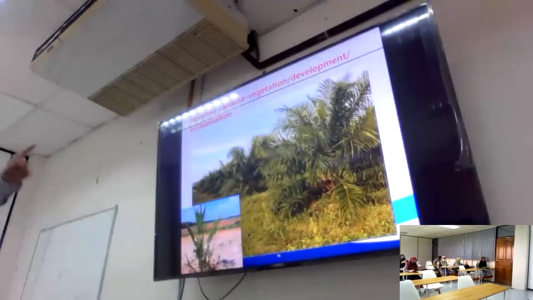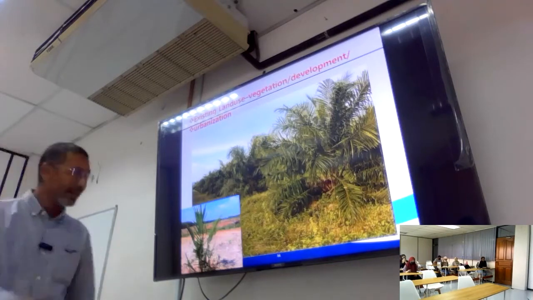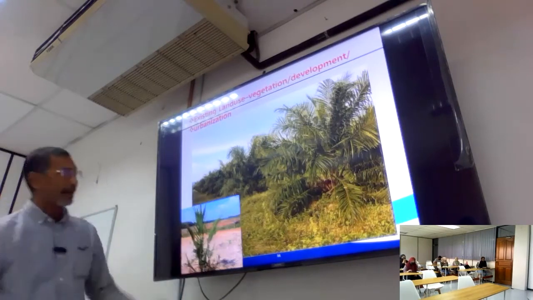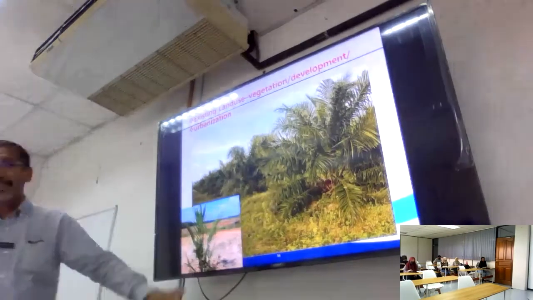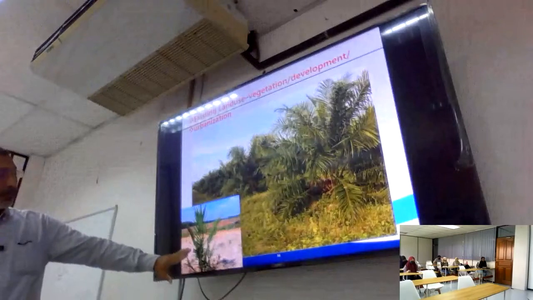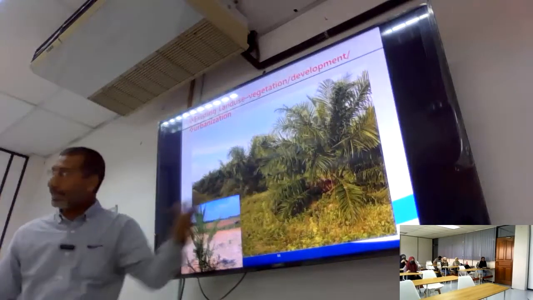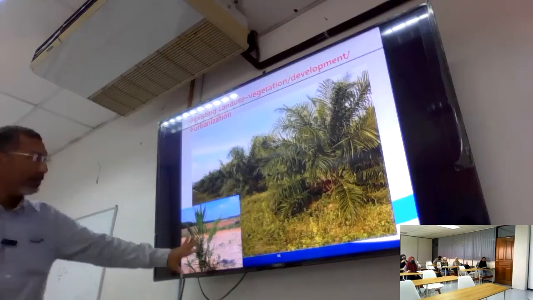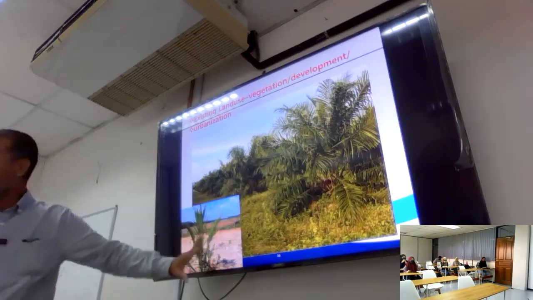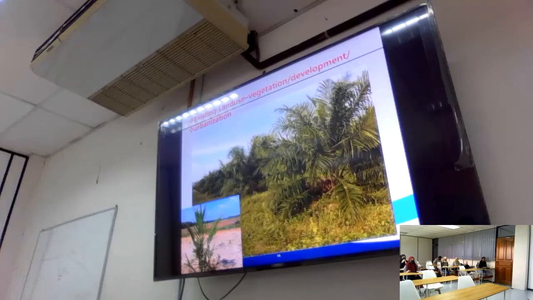You can see vegetation and development, even development for agriculture itself. You can see if you clear the area, it becomes like this, compared to this, right? This can hold more water than this one here, because this one has no grass and things like that to keep the water in.